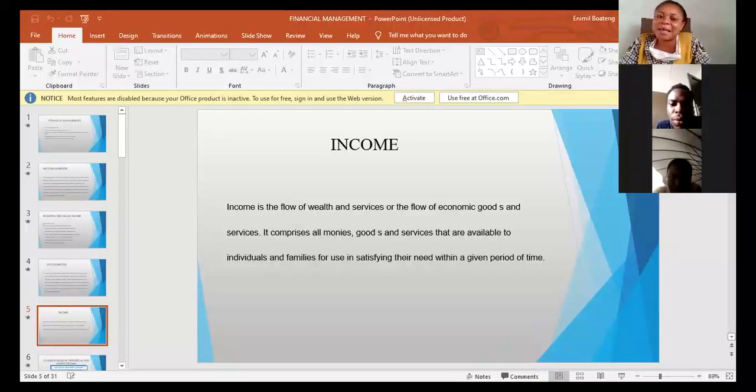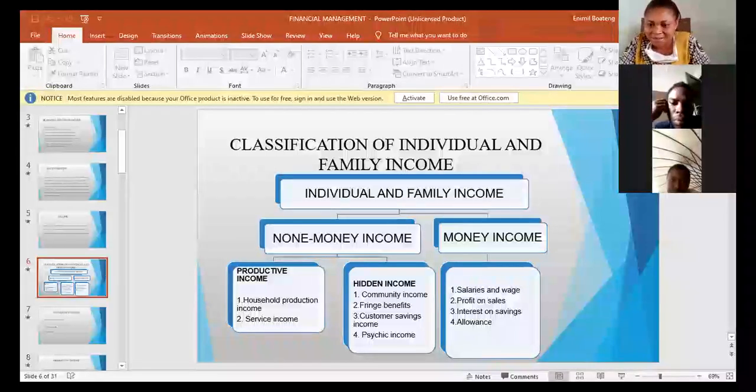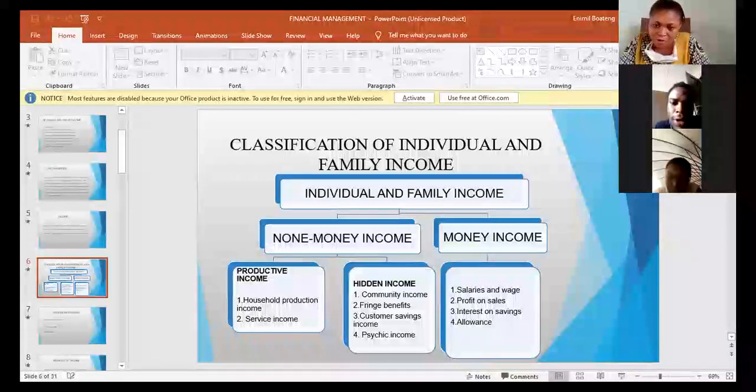So income is the flow of economic goods and services, and it comprises monies, that's the physical cash, goods and services available to individuals and families to satisfy their needs within a given period. Is that clear? Hello, Ruth. Yes. Okay, so we can continue.